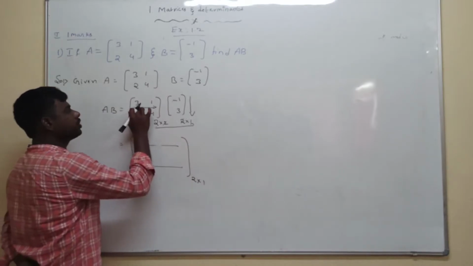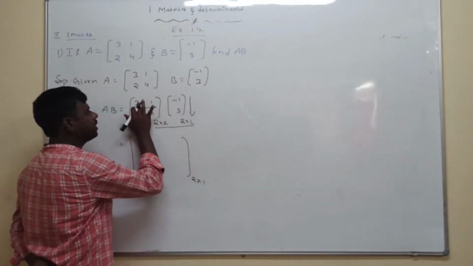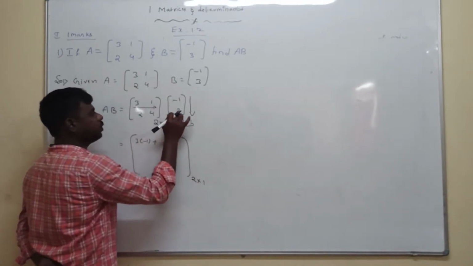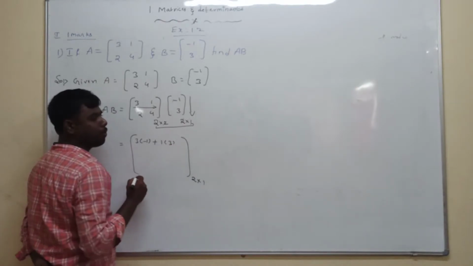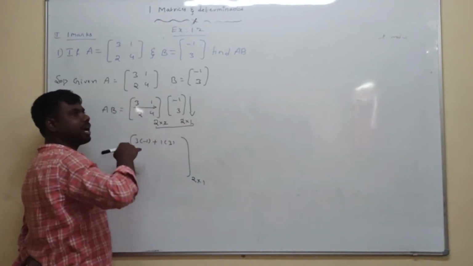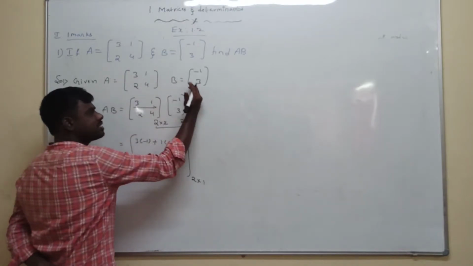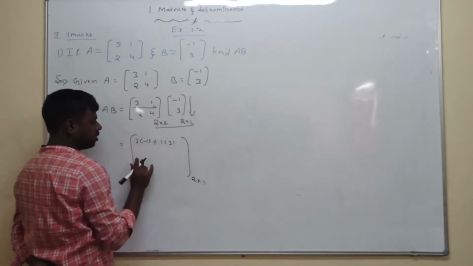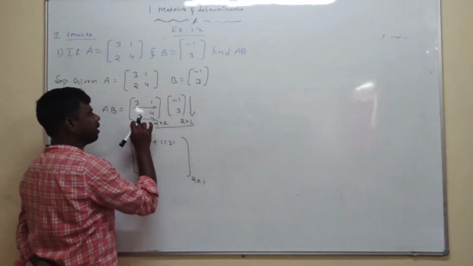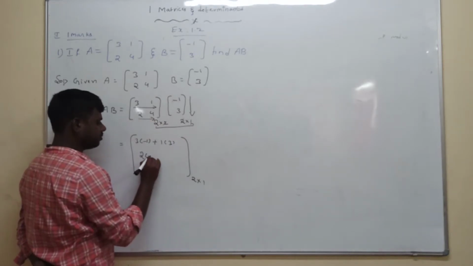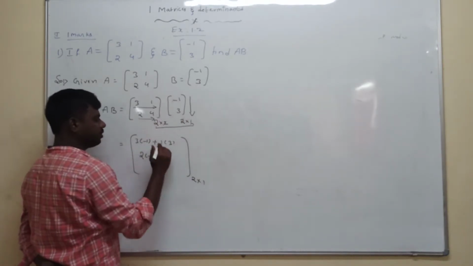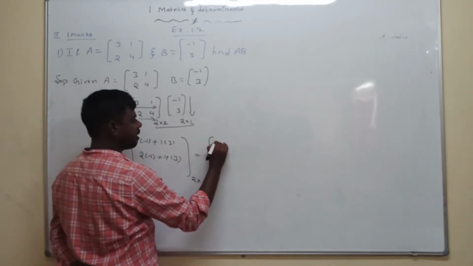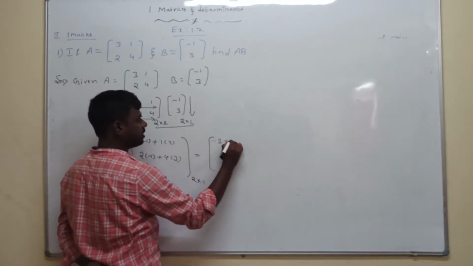That's why 3 into minus 1, right? First step, 3 into minus 1. After that, take the plus symbol: 1 into 3. So now multiply the horizontal elements in the first matrix with the vertical elements in the second matrix. 3 into minus 1 is minus 3, plus 1 into 3 is 3.